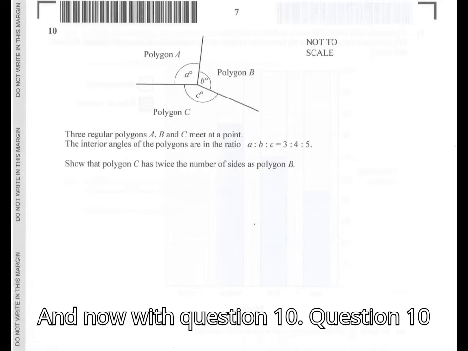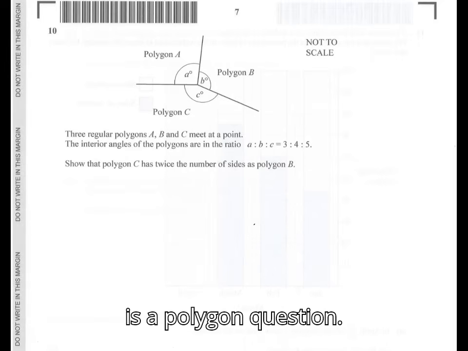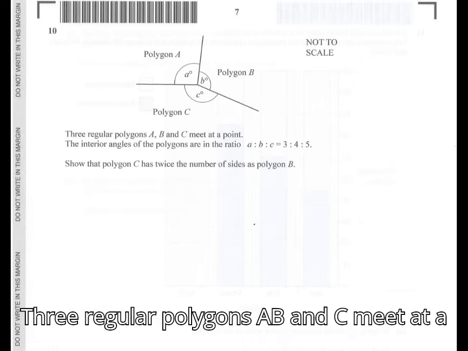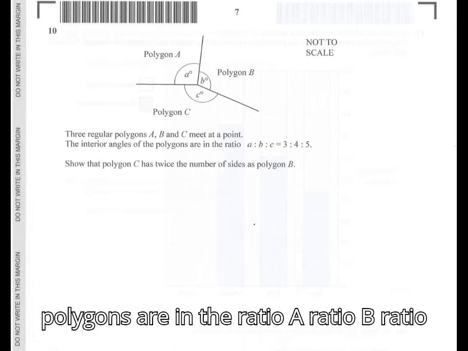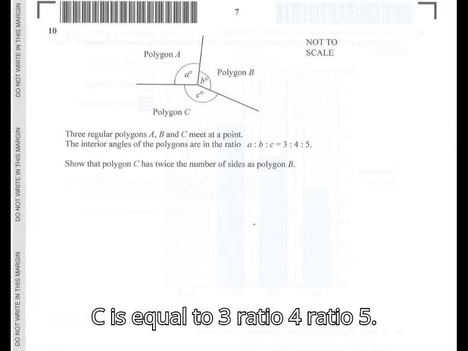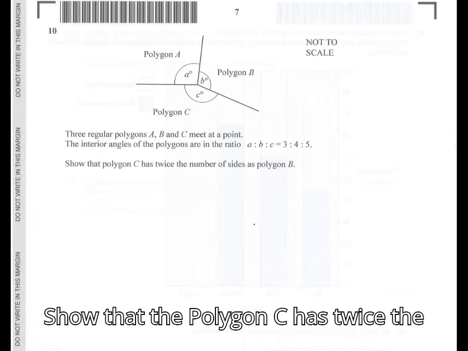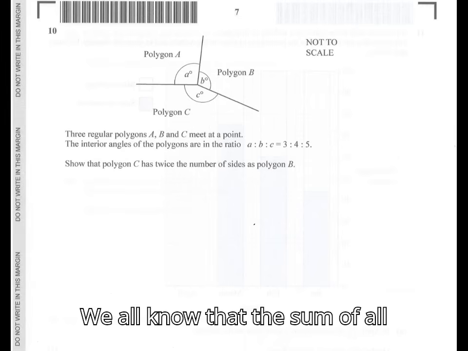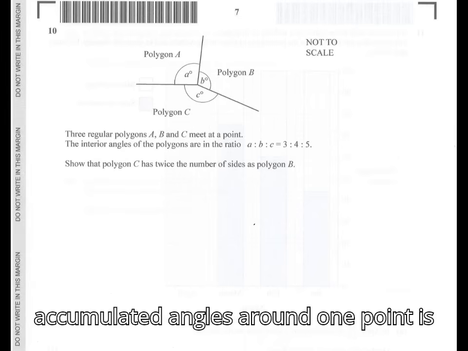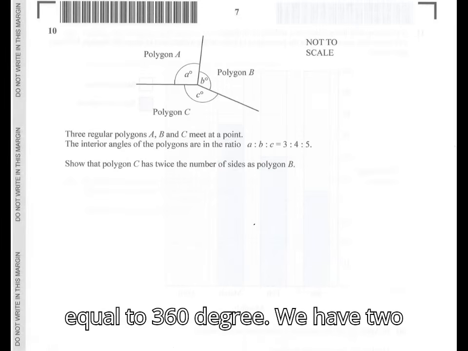And now question 10. Question 10 is a polygon question. 3 regular polygons A, B, and C meet at a point. The interior angles of the polygons are in the ratio A to B to C equal to 3 to 4 to 5. Show that polygon C has twice the number of sides of polygon B. We all know that the sum of all angles around one point is equal to 360 degrees.